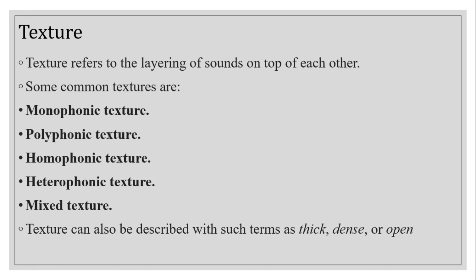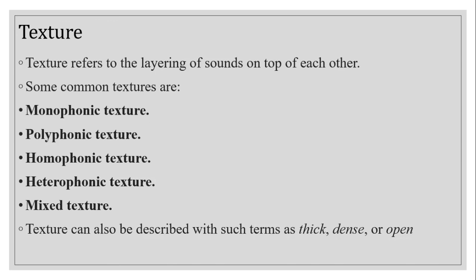Next is homophonic texture. Now, that one is a melody which is normally accompanied by a harmony or maybe a less important melody. It's very popular in music, basically classical music. For example, Beethoven's Moonlight Sonata or a church hymn.